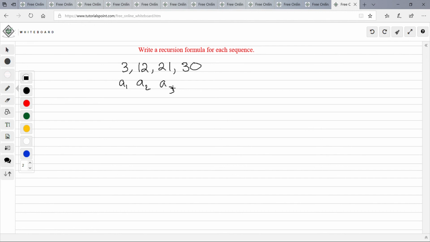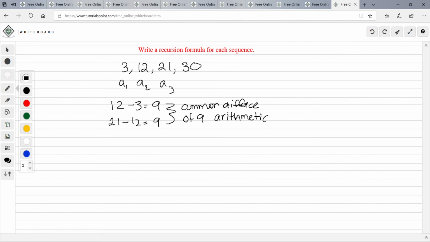Let's figure out if it has a common difference, if it's an arithmetic sequence. A2 minus A1 is 12 minus 3, which is 9. And A3 minus A2 is 21 minus 12, which is 9. So yes, they have a common difference of 9. So it's definitely arithmetic. So write a recursion formula.